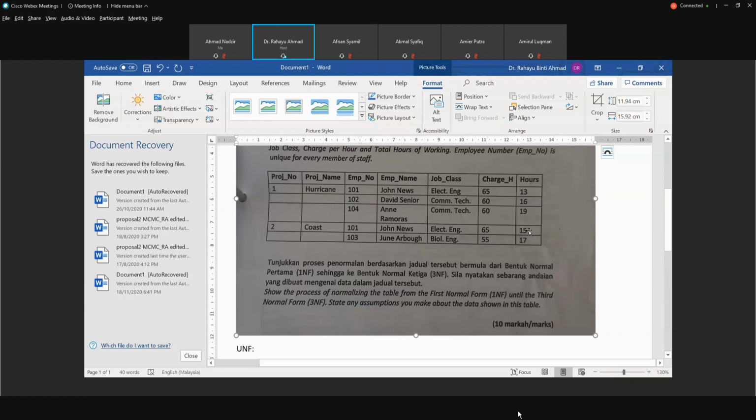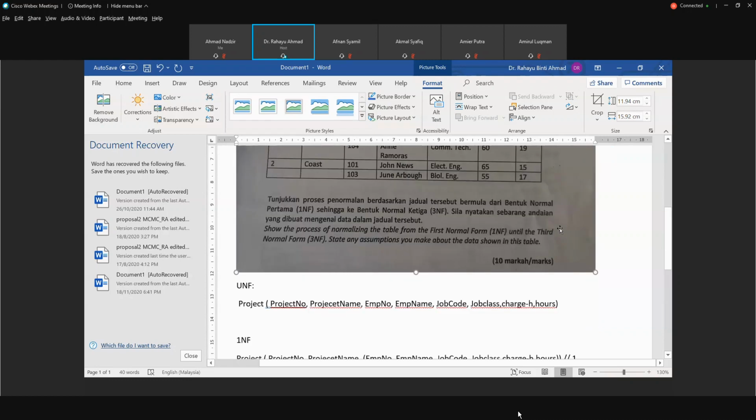So which one you want to take? 13 or 15? So you need another key. So when you have a project number and employee number, you will know the correct hours. Okay, so project number 1, employee 101, the hours is 13. Tapi kalau di dalam project 2, the hours is 15. So you know these two keys determine hours. So sebab tu saya kata kena analyze table tu. This is the concept of functional dependency lah.